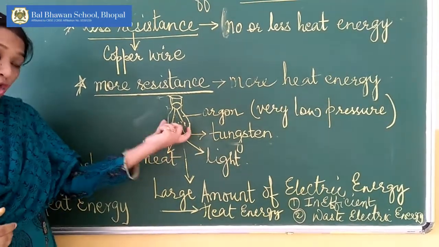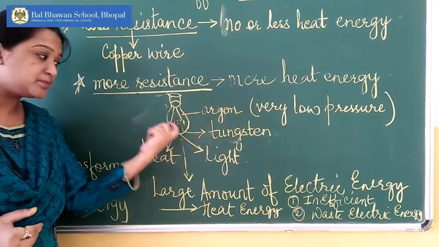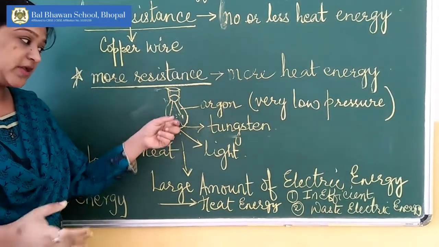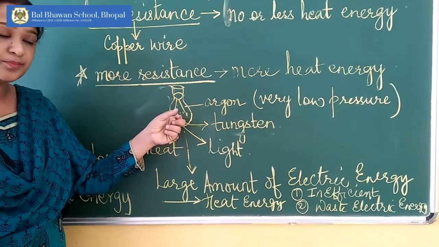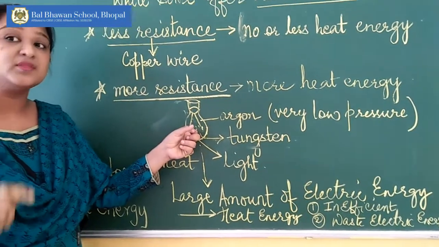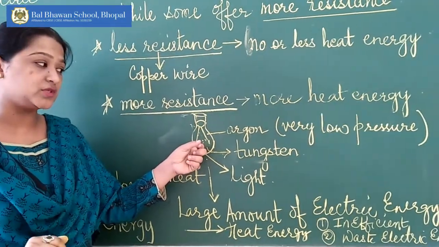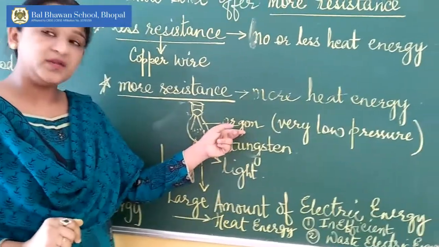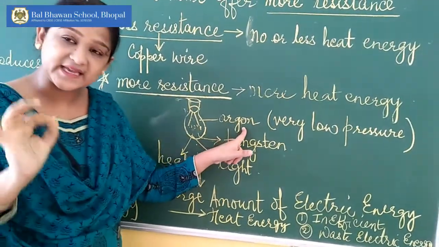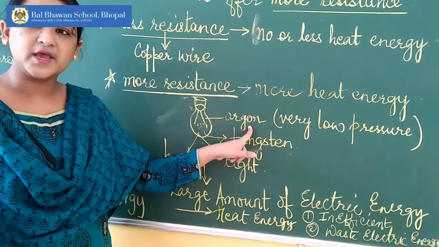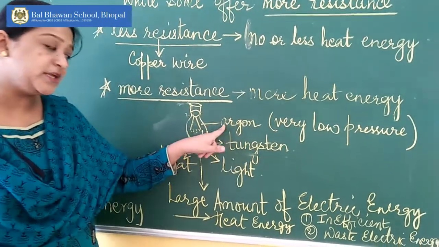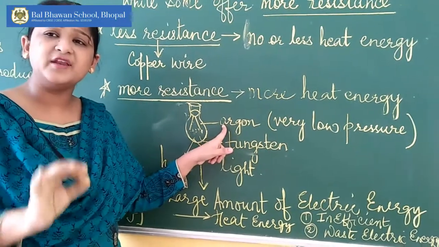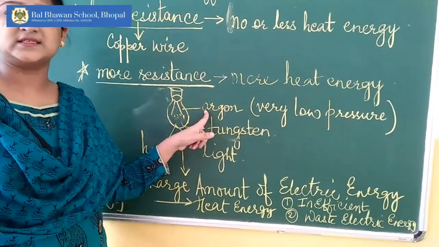Now, because of so much heat, this bulb can blast. It can burn. But why doesn't it burn? That means something else is also being used. We use argon gas. Okay, now children, what is argon? It is a gas like carbon dioxide, like oxygen. Similarly, argon, but it is a very inert gas.